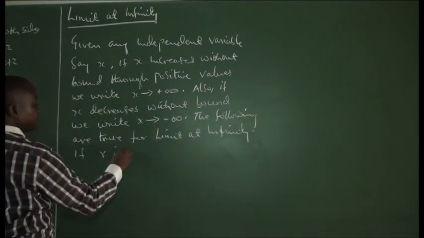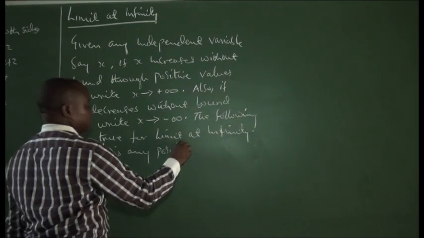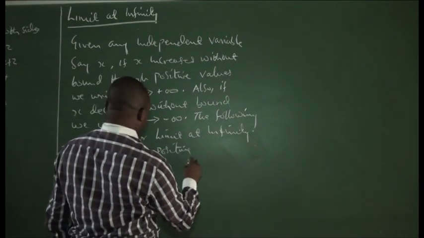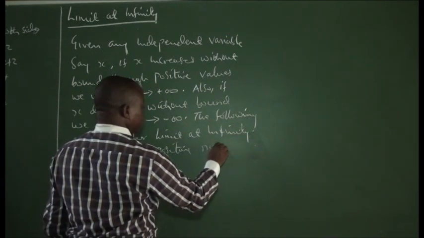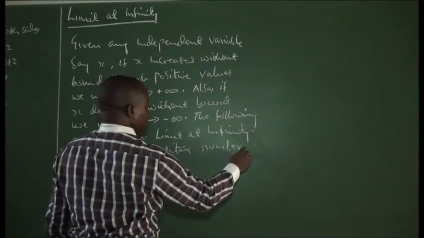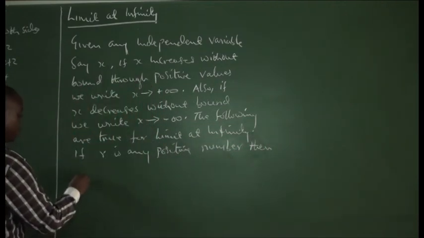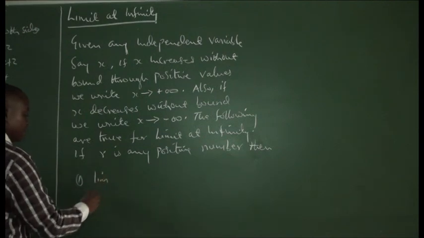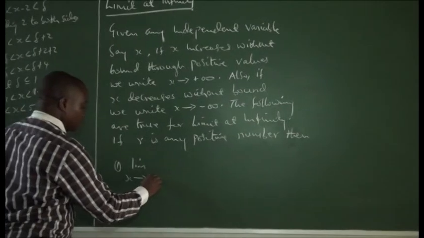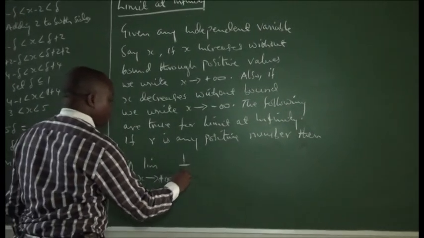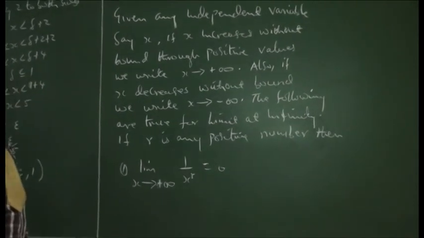Number 1: if r is any positive number, then the limit as x approaches positive infinity of 1 over x raised to r will be equal to 0.